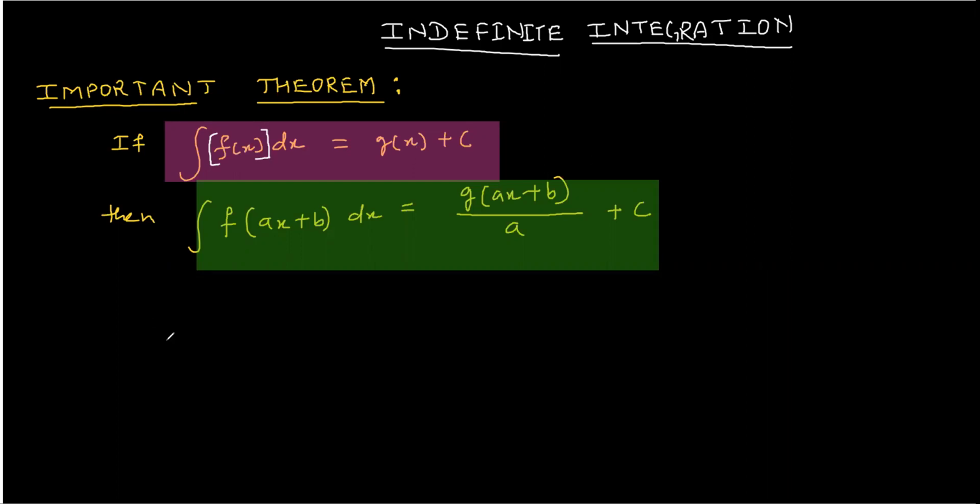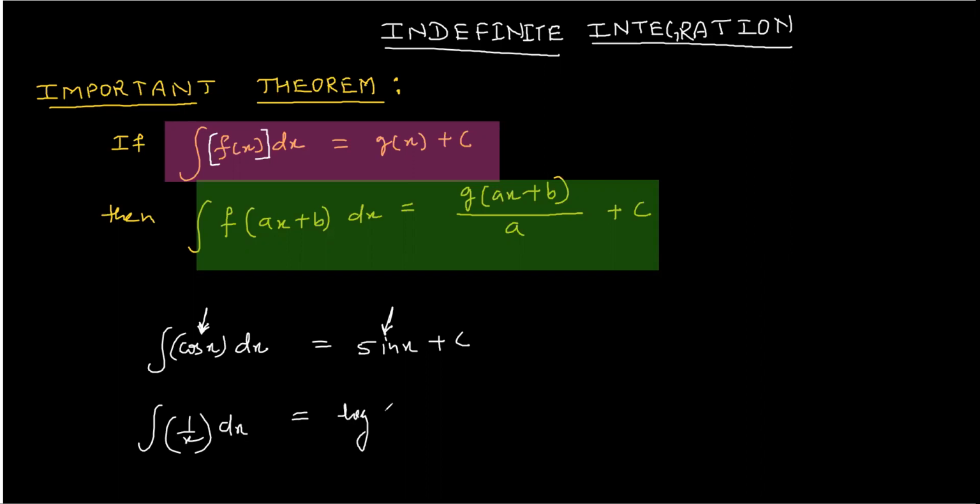For example, integration of cos of x is sine of x plus c. So this becomes f of x and this becomes g of x. Integration of 1 upon x dx is equal to log of mod of x plus c. So this is f of x and here you have g of x.